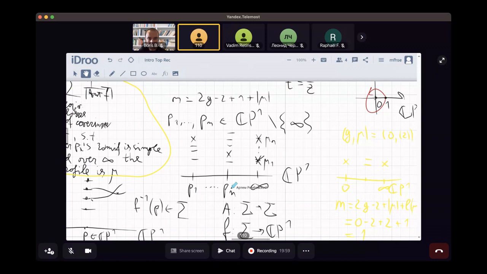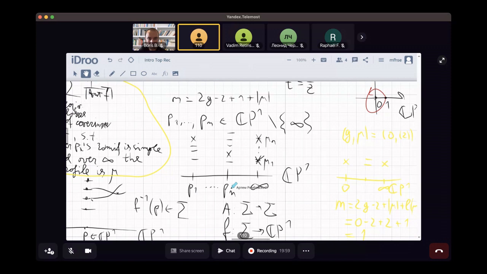And we are interested in all coverings that have only two critical values, 0 and infinity, with the ramification profile like that.